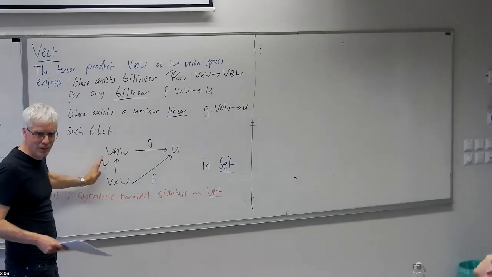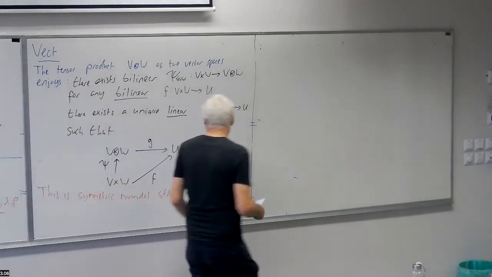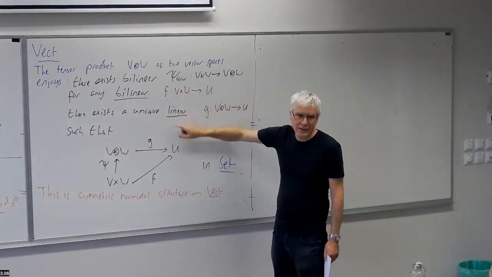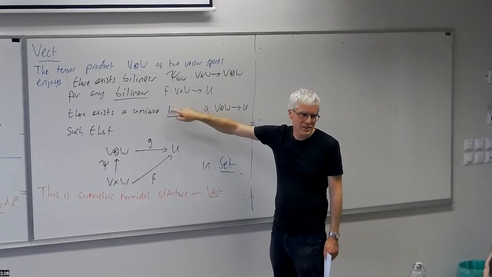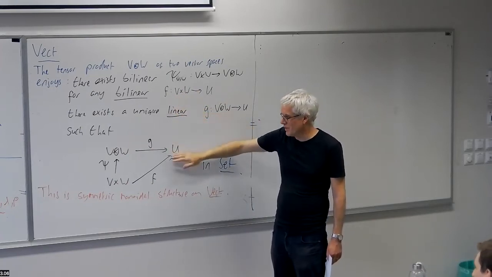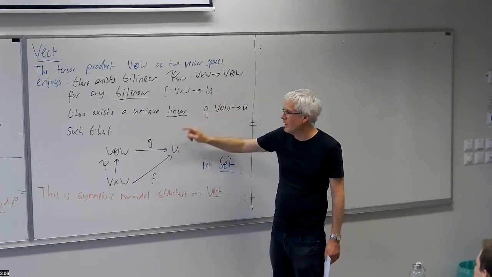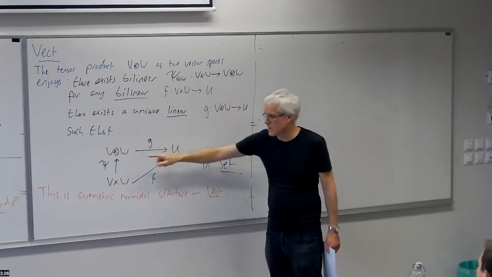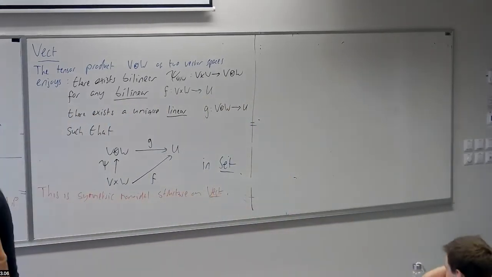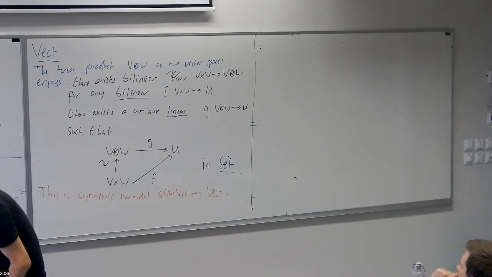If you've worked with tensor products, you should be able to do it. Everything can be done abstractly from this characterization. So you should be able to prove that this is a symmetric monoidal structure without ever using an explicit construction of the tensor product space, just the fact that it satisfies this characterization.